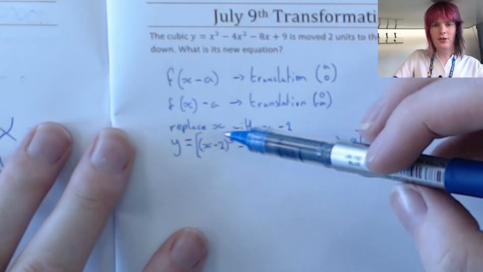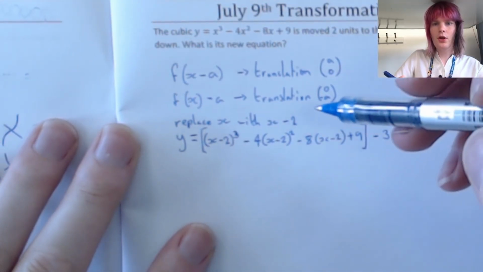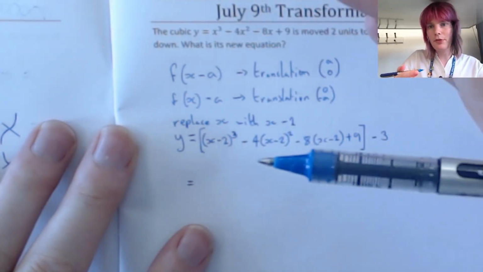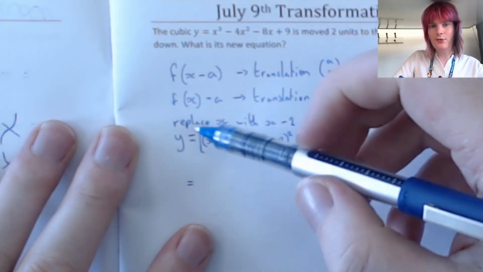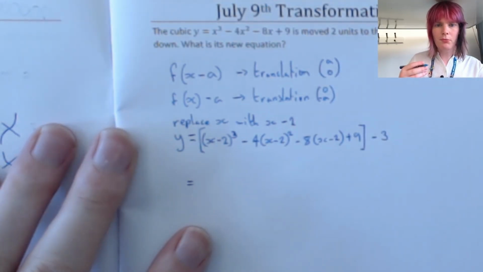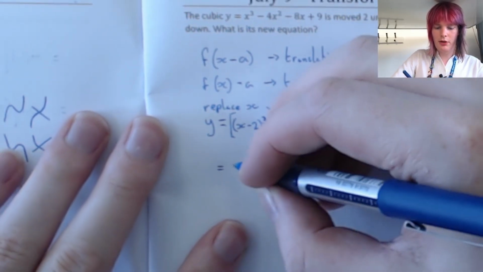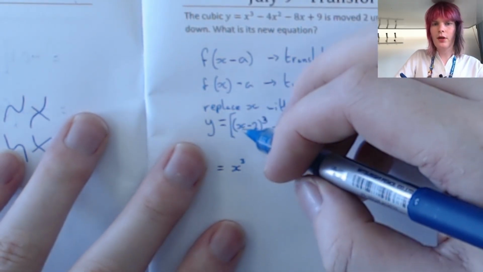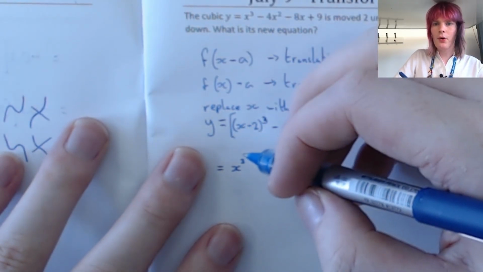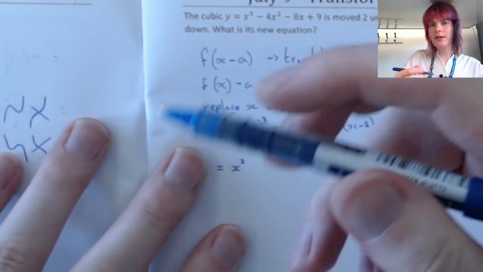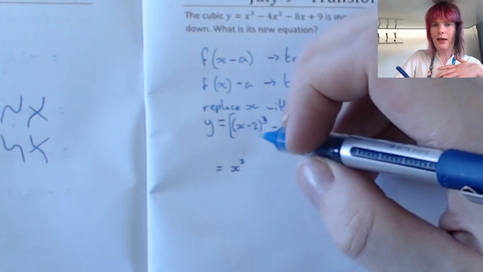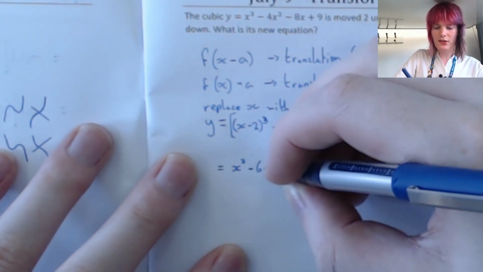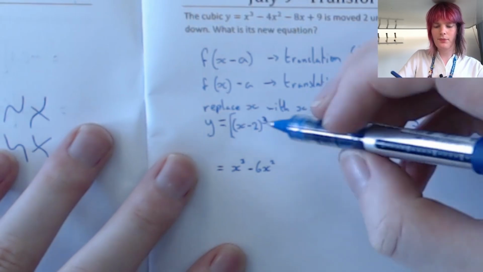So now all we have left to do is expand all of these. So for our first bracket, it might be useful to use our binomial theorem if you want a bit of practice with that to expand this cubic. But we could just remember that we're going to get an x cubed, first of all, from doing that. We're going to get 3 times x squared times minus 2, which is going to be minus 6x squared.